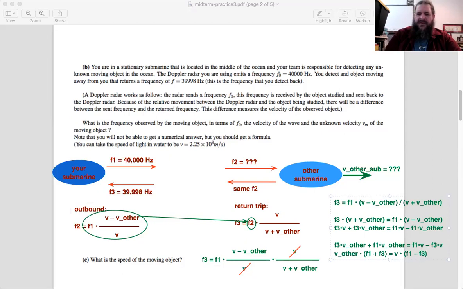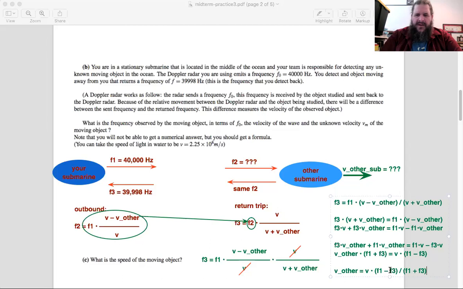And then what's the last thing we need to do to solve for V other? Yeah, divide by F1 plus F3. So the speed of the other submarine is the speed of light times this ratio of the difference in frequencies divided by the sum of the frequencies.